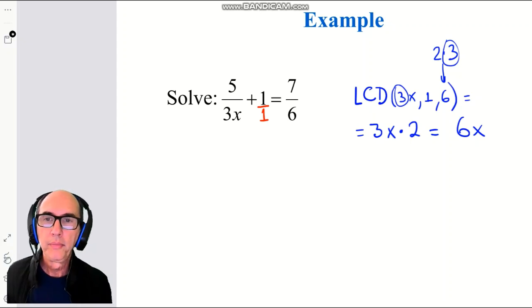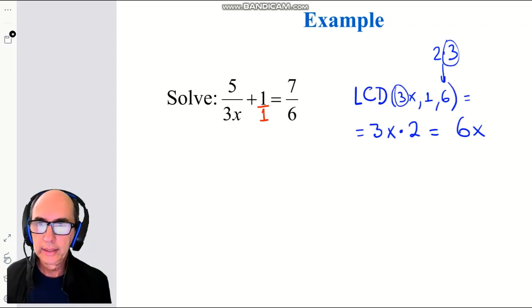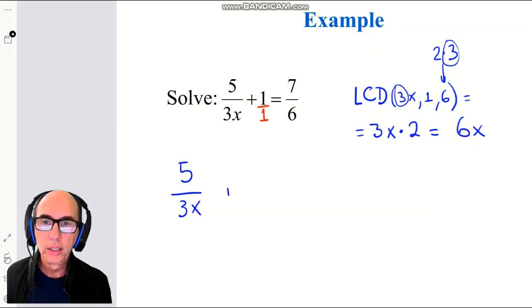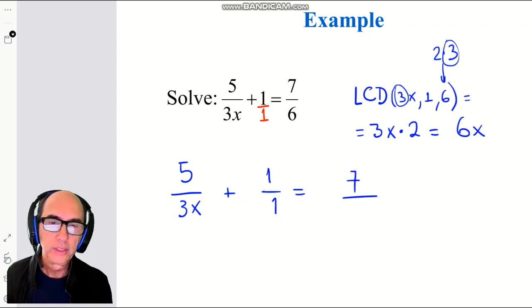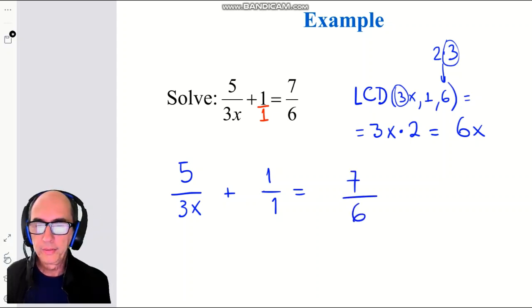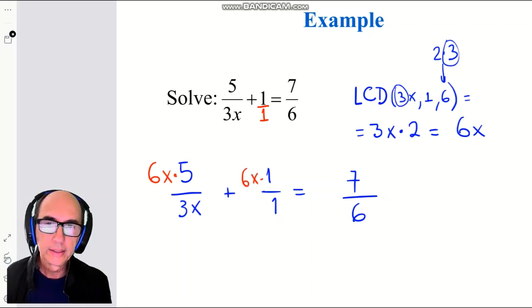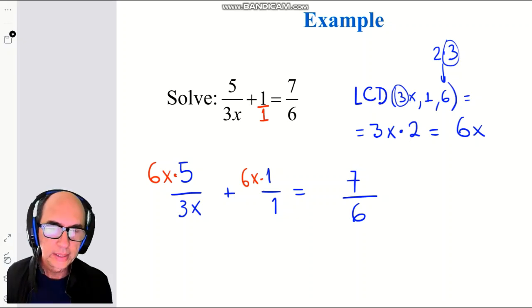Right, now you're going to take this equation and multiply each one of the terms by the least common denominator. Equals 7 over 6. Multiply the first term by 6x. Multiply the second term, 1 over 1, by 6x, and on the other side, where we have only one term, multiply by 6x.